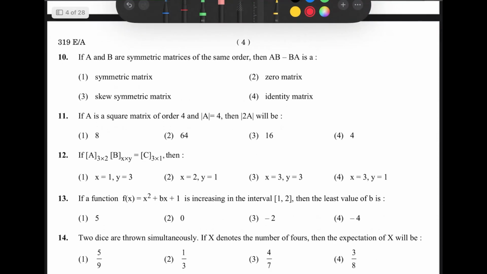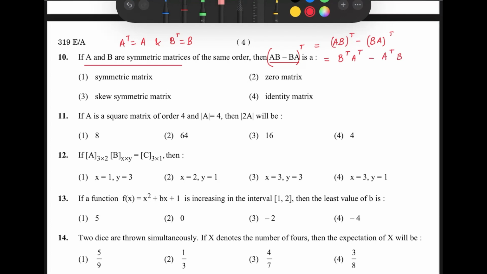Let's move to question number 10. If A and B are symmetric, what do we mean by symmetric matrices? A transpose equals A and B transpose equals B. We need to find out about AB minus BA. So take the transpose of AB minus BA. We'll get AB transpose minus BA transpose. What is AB transpose? It is the transpose but in reverse order: B transpose A transpose minus A transpose B transpose.